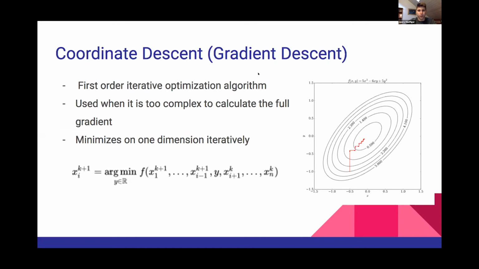We calculate the partial derivative of the function for that dimension, and we optimize the variable over that dimension. In our diagram, you can see that it takes steps in a zigzag towards the lowest point as we optimize each dimension. So that's probably the most simple one.